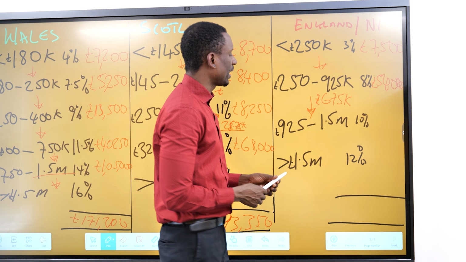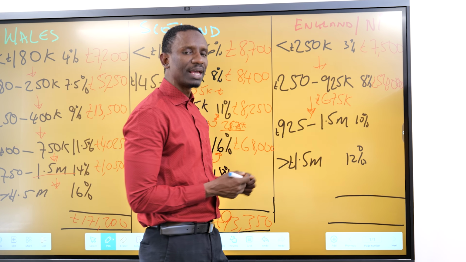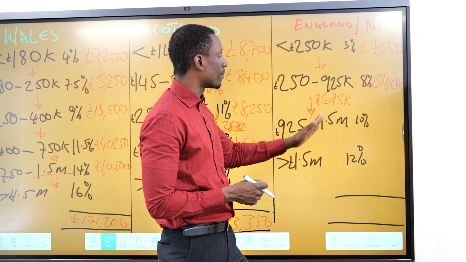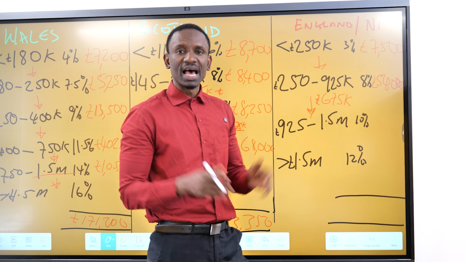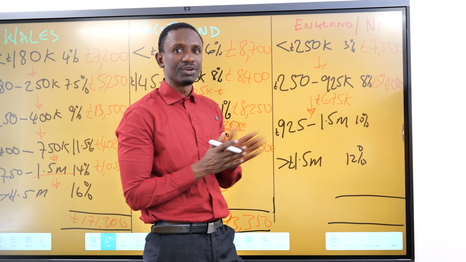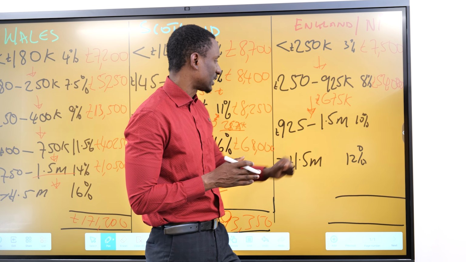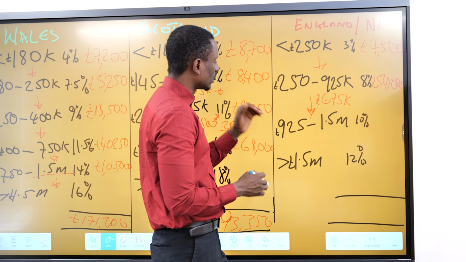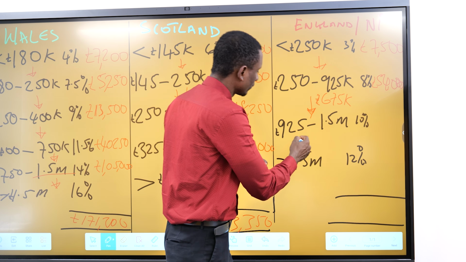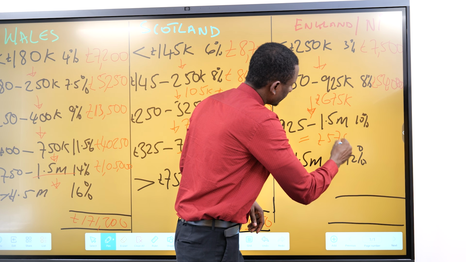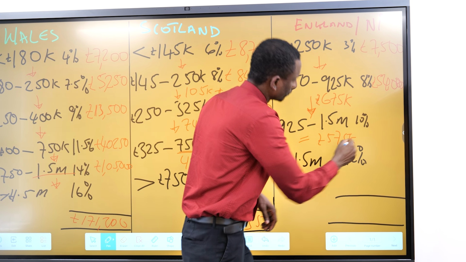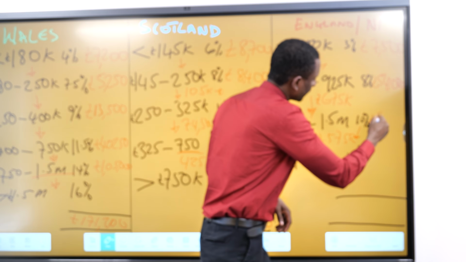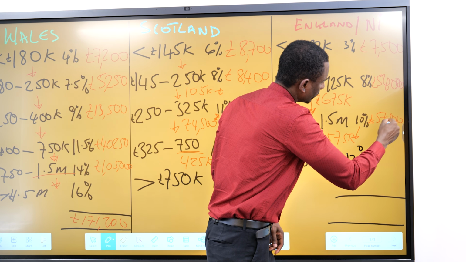The next step here is the tax you pay between £925,000 and £1.5 million. The tax you would pay on the difference would be 10%. The difference between 1.5 million and £925,000 is £575,000. So 10% of that would be £57,500.